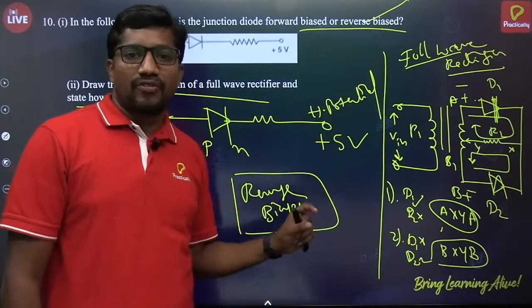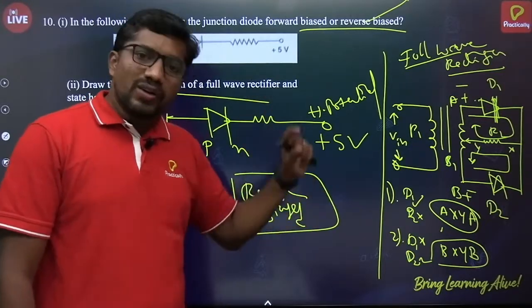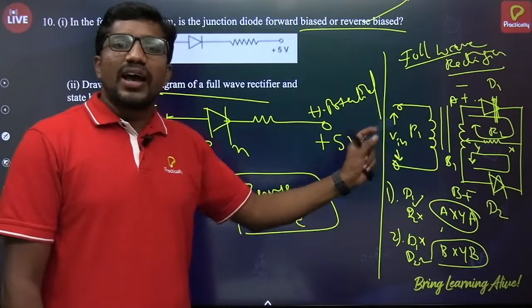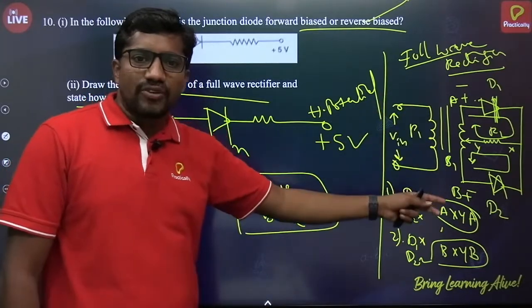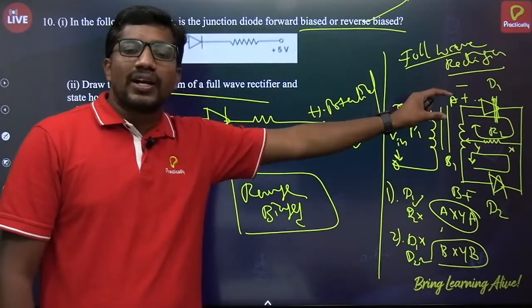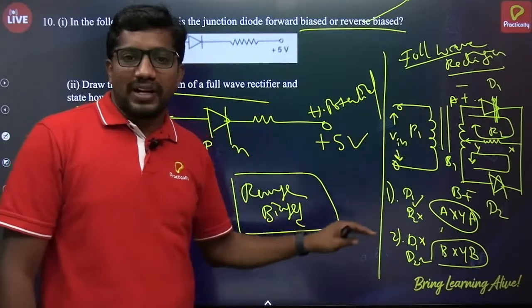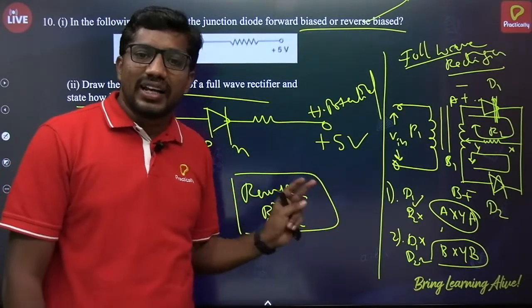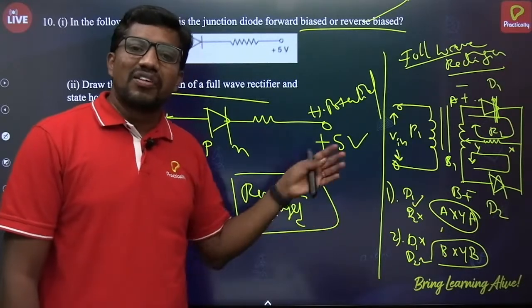In a full wave rectifier, whether it is a positive half cycle or negative half cycle, during both half cycles the diodes will be operating. If I take two PN junction diodes D1 and D2, one diode will operate in one half cycle, while the other is not operating. The one which is operating will be in forward biasing, the one which is not conducting will be in reverse biasing.